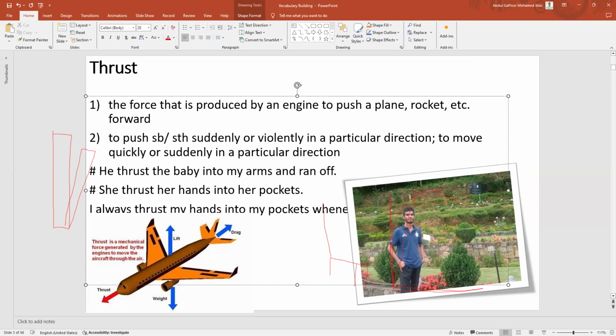Now the letters are hiding behind the pictures. Now let me copy this. Now I will use the text tool to type this sentence.